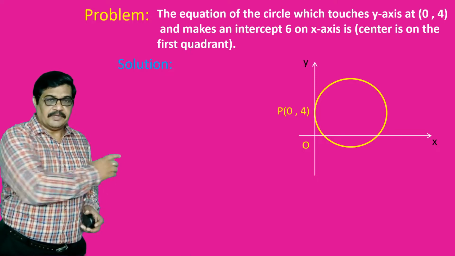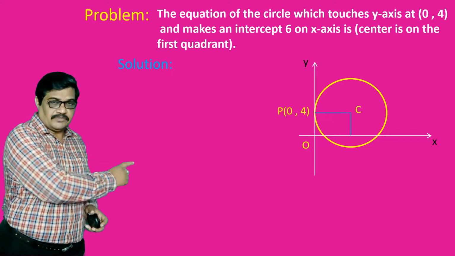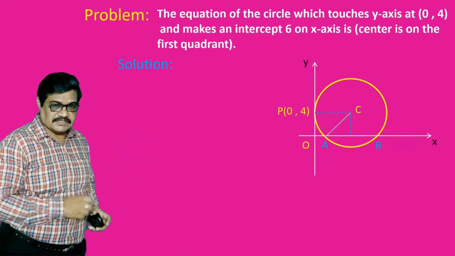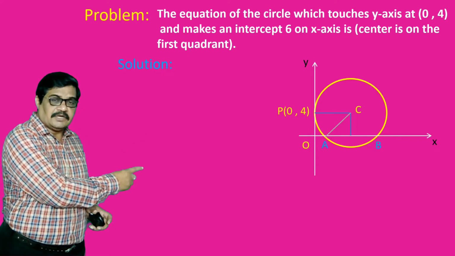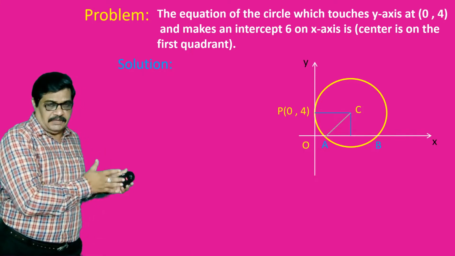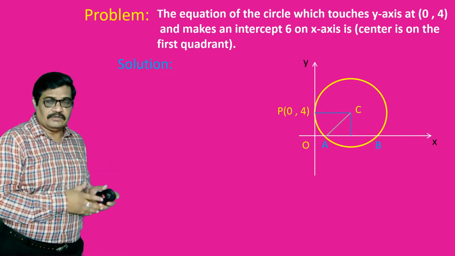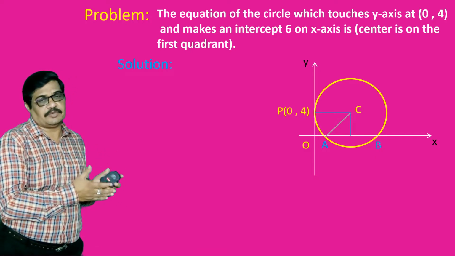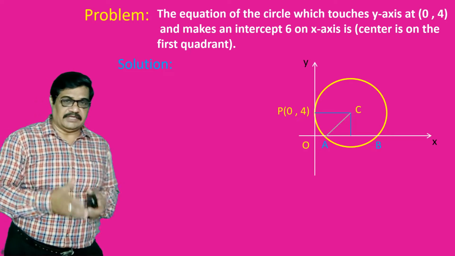This is A and B. This is the intercept made by the circle on the x-axis. That intercept is given as 6 units. So this is the diagram. Now from this diagram we can solve this problem very easily.